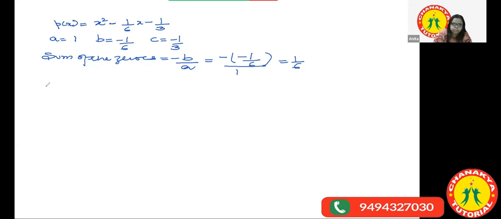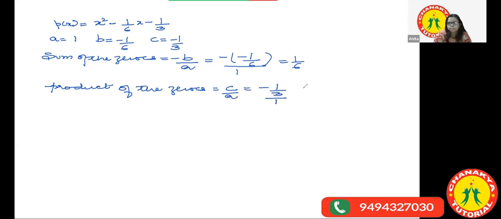Clear? Now product of the zeros is C by A. So value of C is minus 1 by 3 and value of A is 1. So it will be minus 1 by 3.